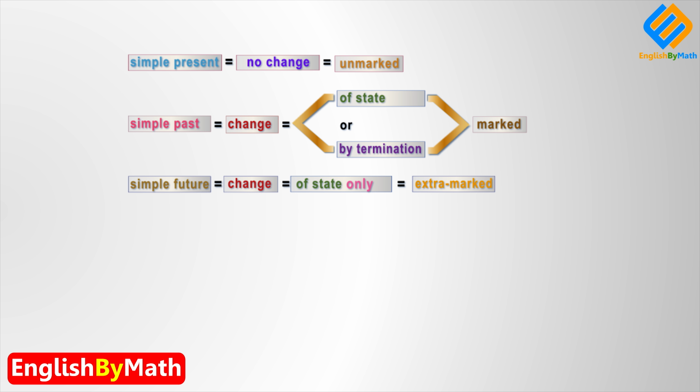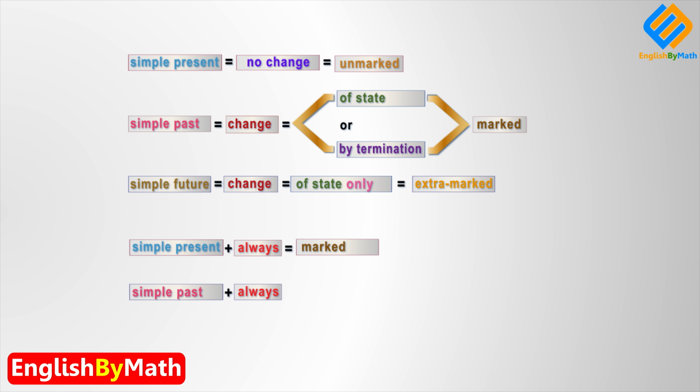And when we add a frequency word such as always, the meaning will change from unmarked to marked, and from marked to extra marked, and from extra marked to extra marked. Simple present plus always, marked. Simple past plus always, extra marked. Simple future plus always, extra marked.